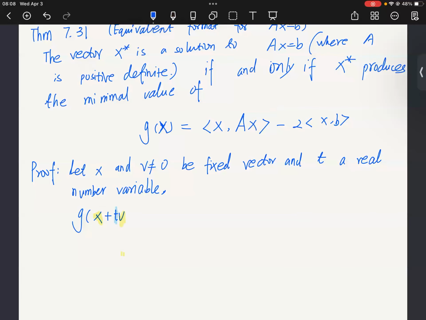Now let's calculate this. What is the g(x) function? The g(x) function is defined in this way. So let's substitute x plus tv here, so A(x plus tv) here, and subtract two times the inner product of x plus tv and b here. Let's expand the whole thing with the properties we have.